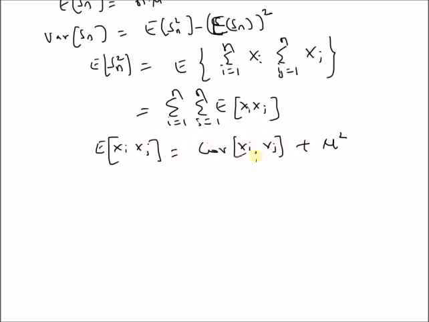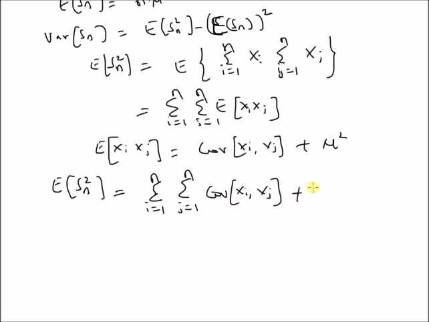Next, by inserting this formula, we have the second moment, expectation of Sn square, equal to summation i equal to 1 to n, summation j equal to 1 to n, covariance of xi comma xj plus mu square.